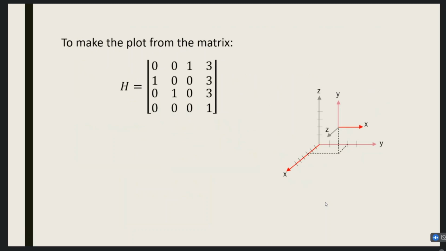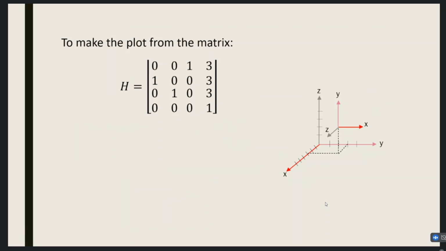To make the plot from the matrix, first we must create our reference plane. Then we find the position of the new plane. In this case, the position is 3 in x, 3 in y, and 3 in z, with respect to the original plane. The rotation is simple.